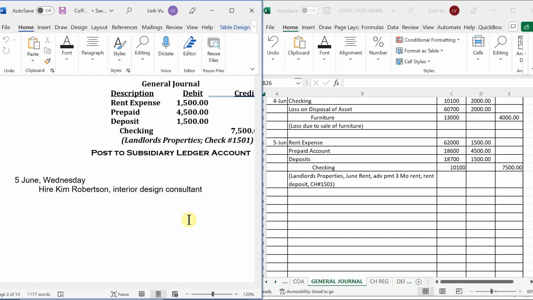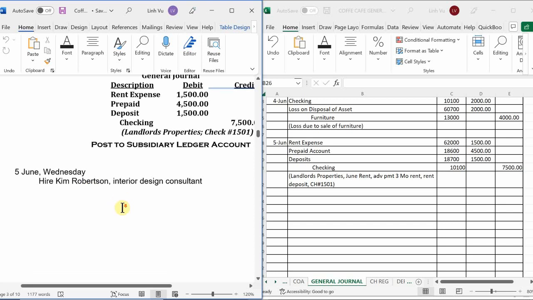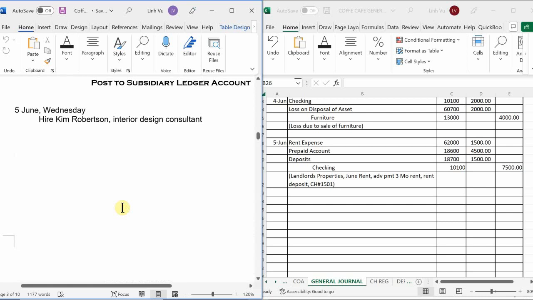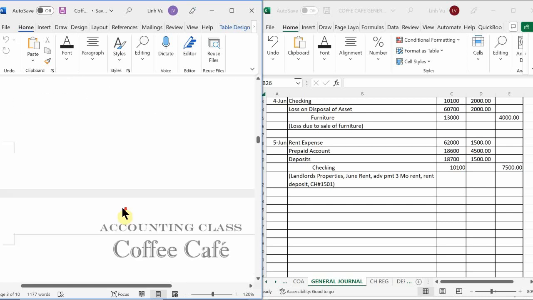So that's also one of the things to look forward to when we're determining the transaction, right? We know this transaction will eventually affect my business, but we just don't know how much. So in this case, we just have to keep in mind that we hired Kim Robinson to do some interior designing consultation, okay? So we should be expecting a bill from her.